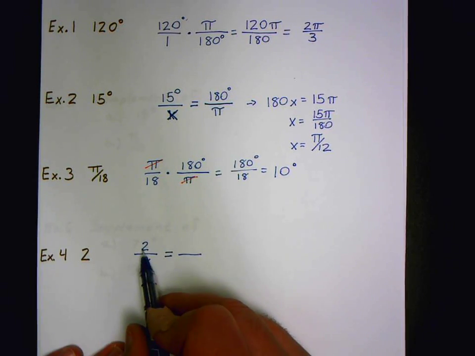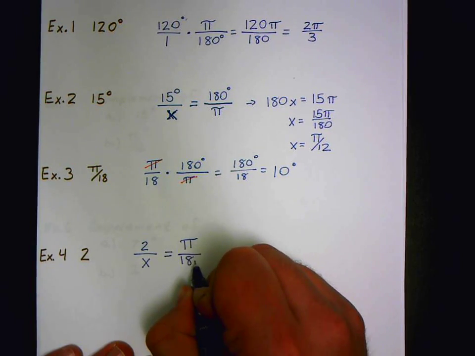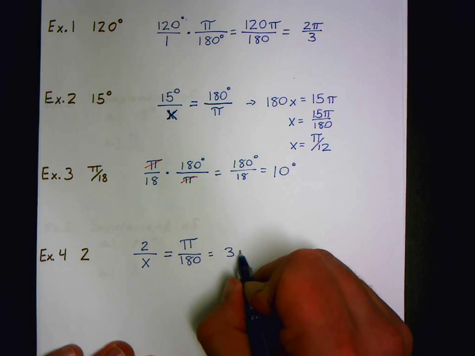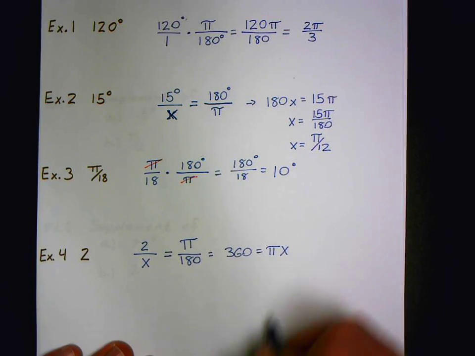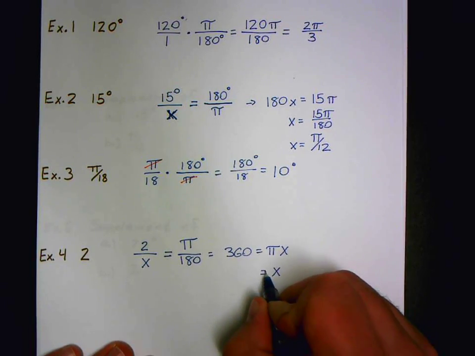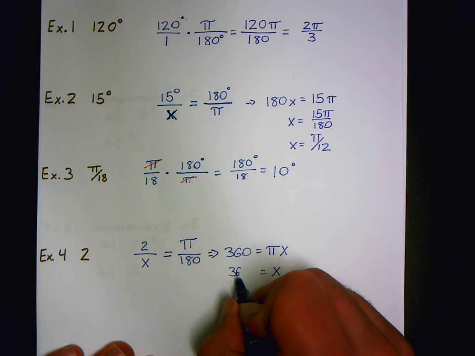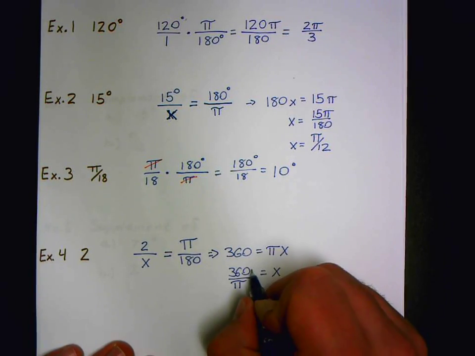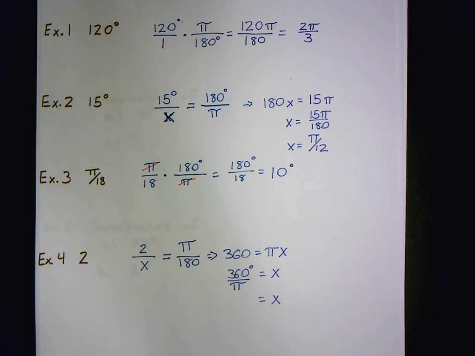Okay, this one's in radians, so radians is on top. So I need to put radians on top over here. Cross multiply. Okay, this is in degrees. I don't have pi in degrees, so I need to divide that out.